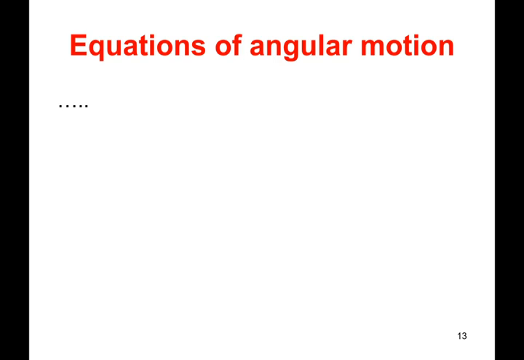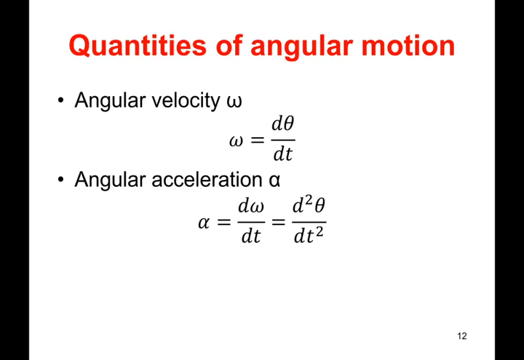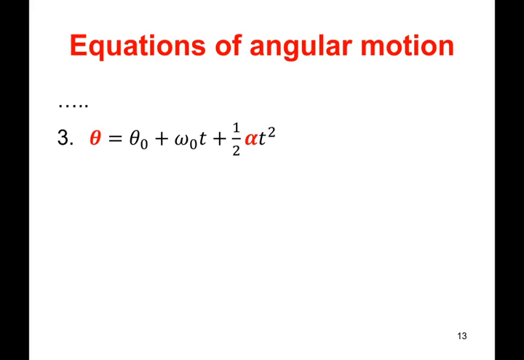Based on this, we can take the integrals and find those general equations that we did for the linear motion, for the translational motion, essentially curvilinear and rectilinear motions, and get to equation 3 from those motions as well.